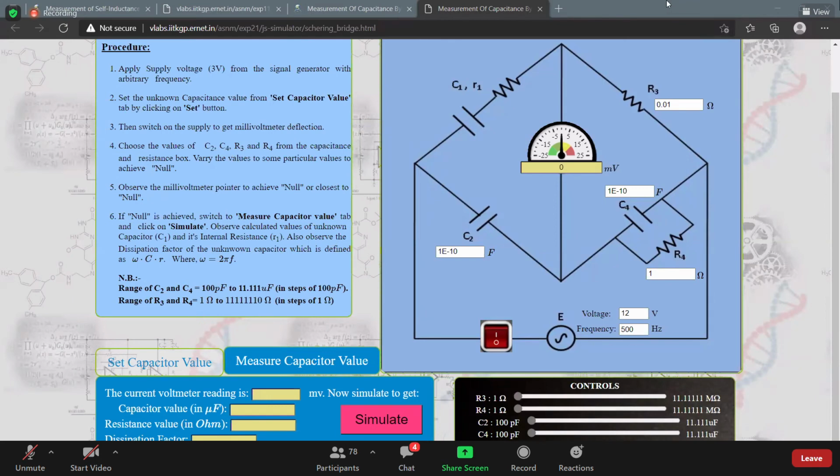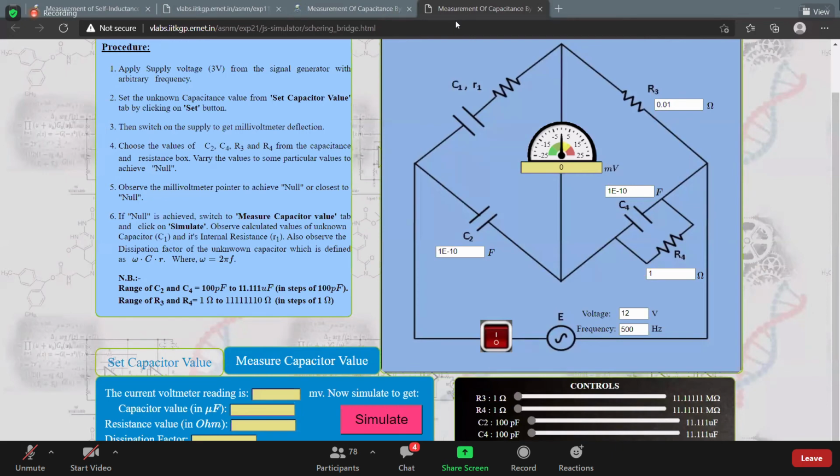Right, you are from CSC 5. Explain the shading bridge experiment. Shading bridge experiment is used to measure the unknown capacitance. We'll change the capacitance and resistors values to obtain the null value in the output, sir.